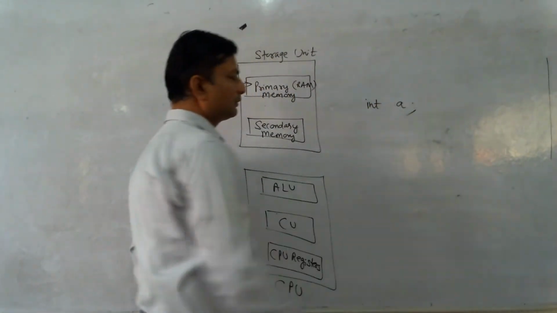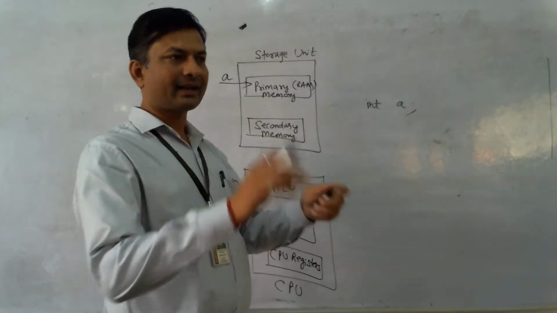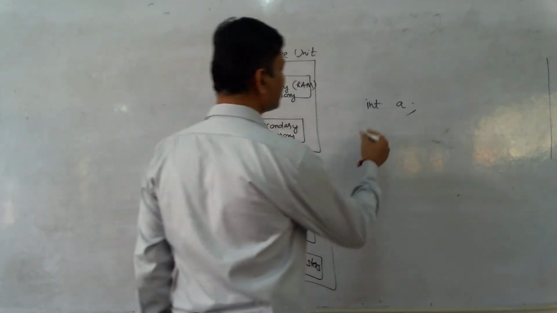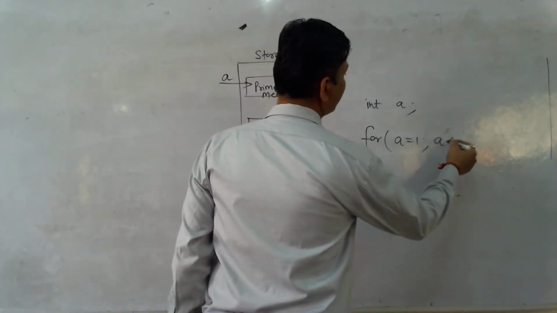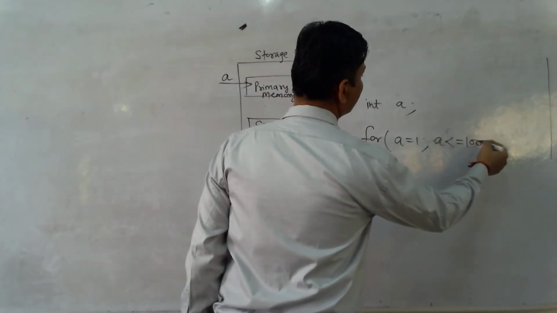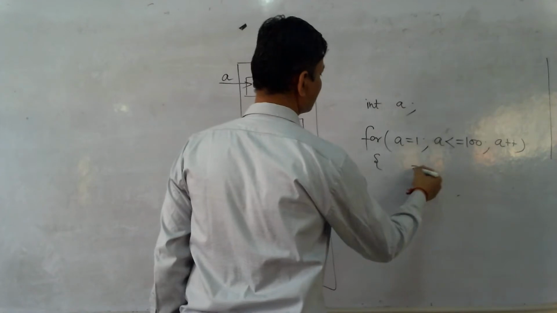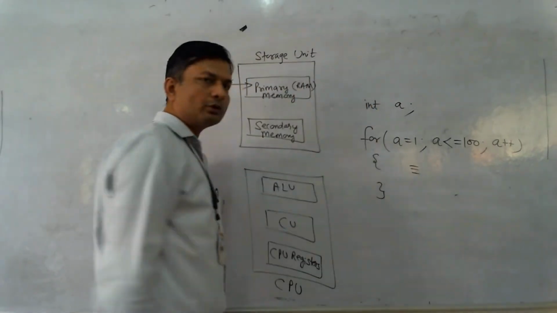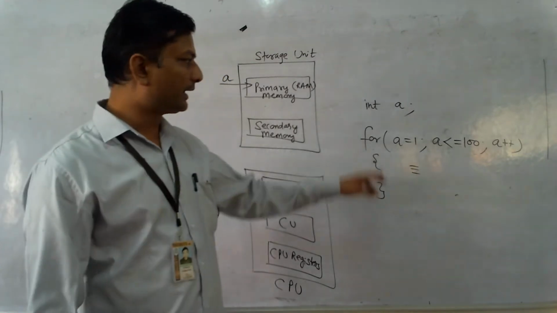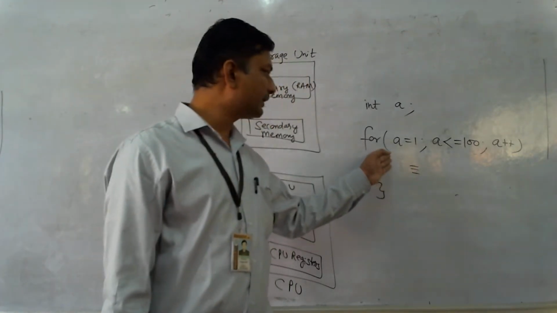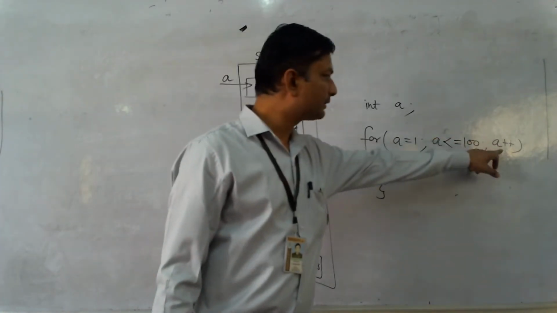Suppose we want to use this variable A as a loop counter. For example, for A is equal to 1, A is less than or equal to 100, A plus plus. In this loop, the initial value of A is 1, and after each cycle, the value of A will be incremented by 1.